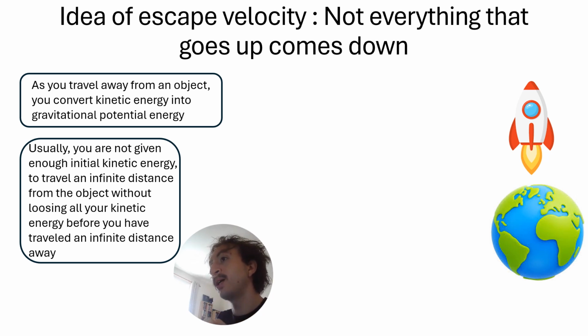And when that object reaches its maximum height, it's lost all of its kinetic energy and it only has gravitational potential energy. Therefore, in that instant, in that moment in time, it's essentially static. And therefore, its future movement is just described by a downward force acting on an initially stationary object, if we're calling that initial point, the point where that object is momentarily still when it's reached its maximum height.